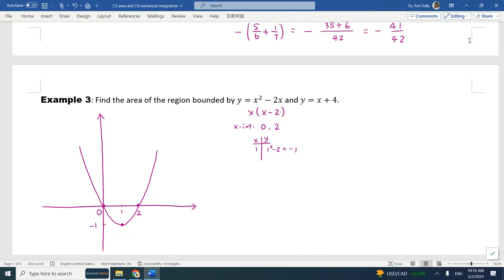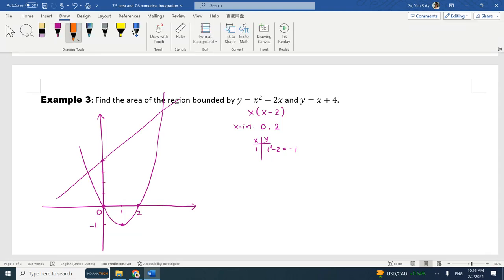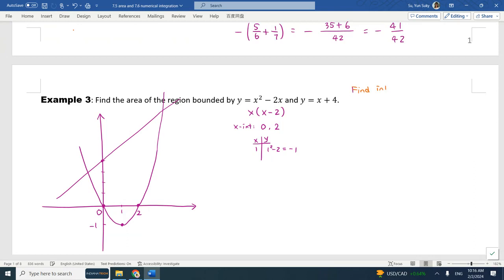So we have the y-intercept is 1, 2, 3, 4 here. And then the slope is 1. So it's a line like that. And we want to figure out the intersection. We want to find the region bounded by those two graphs. Then we need to figure out the intersection points.